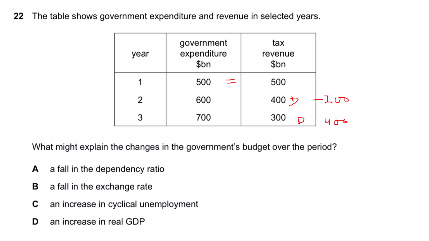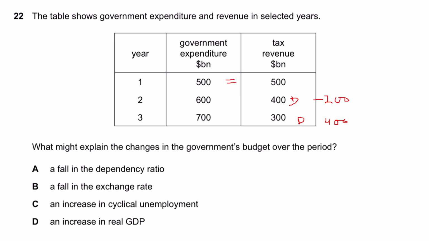Let's look at this. What might explain the change in the government budget over the period? A fall in dependency ratio. If there is an increase in dependency ratio, then the government can spend more on the people.